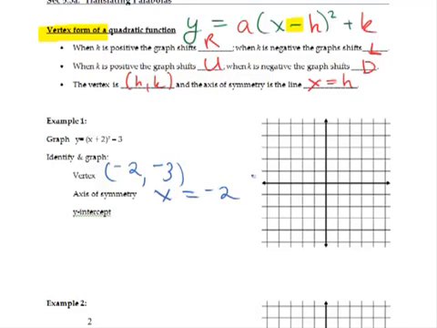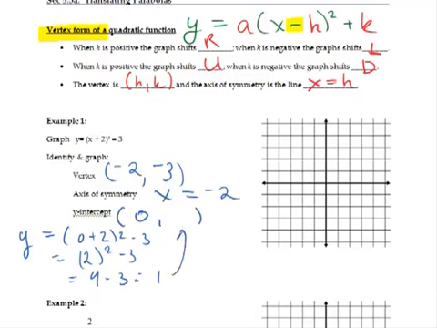And then the y-intercept, we can't just look and find it like we did before. We need to actually plug in a 0, because remember that's what an intercept is when it crosses the axis. So plug in a 0 to our equation and see what we get out. So we'll say y equals 0 plus 2 squared minus 3. So 2 squared minus 3, which is 4 minus 3, which is 1.